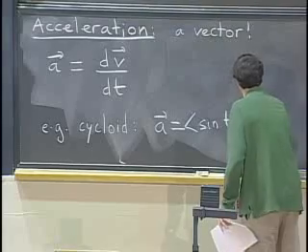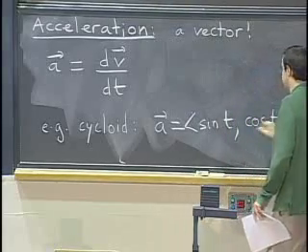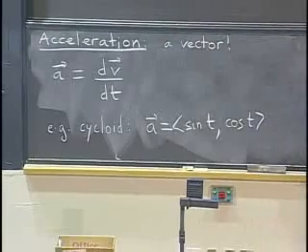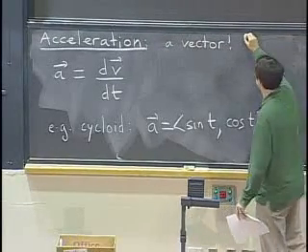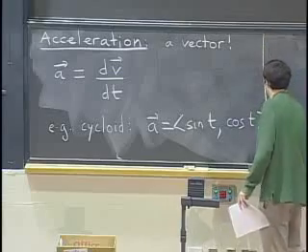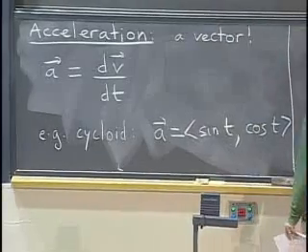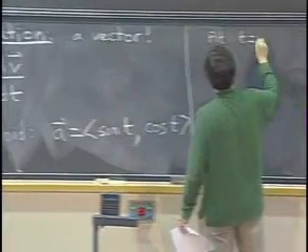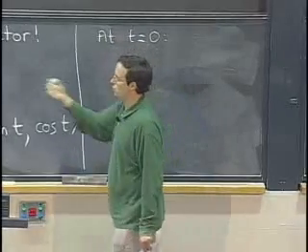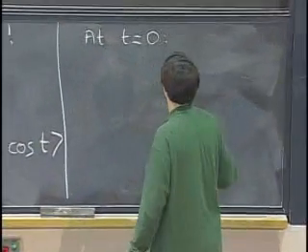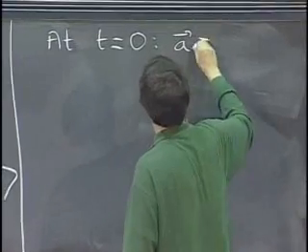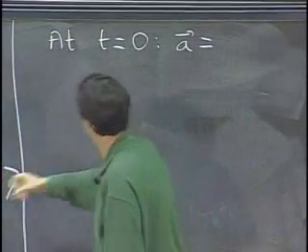Okay. So the acceleration vector is (sine t, cosine t). So in particular, let's look at what happens at time t equals 0 when the point is not moving. Well, the acceleration vector there will be (0, 1).